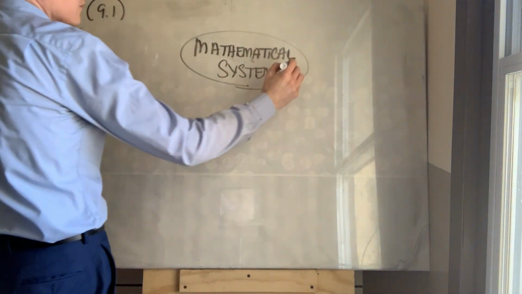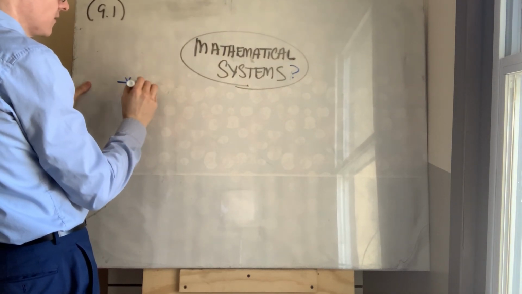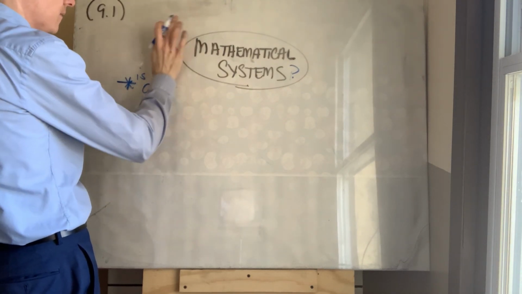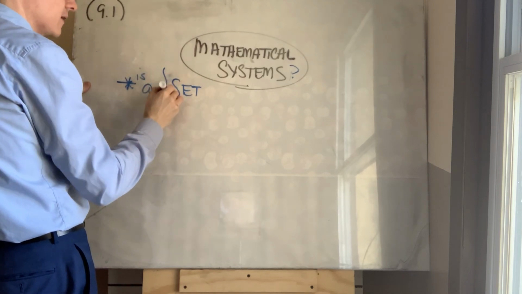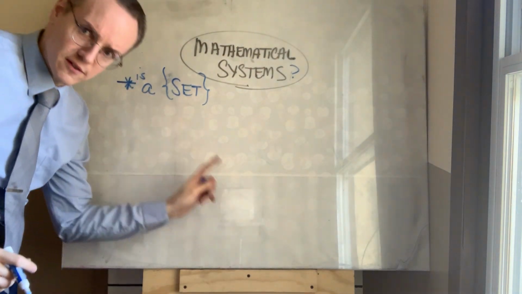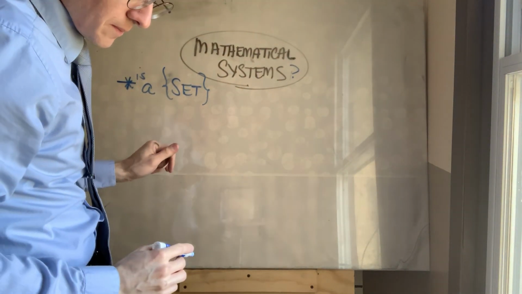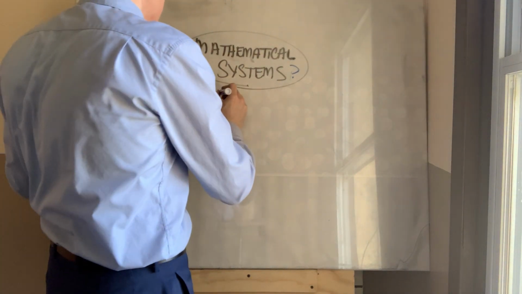What is a mathematical system? It is a set. So if it is a set, in theory, it is something that could be presented to you in fancy braces. But it's a specific type of set. It's usually a set of numbers and at least one operation.